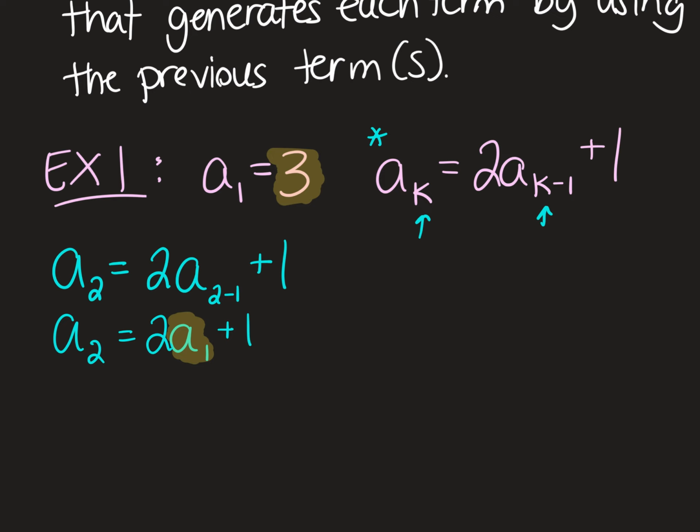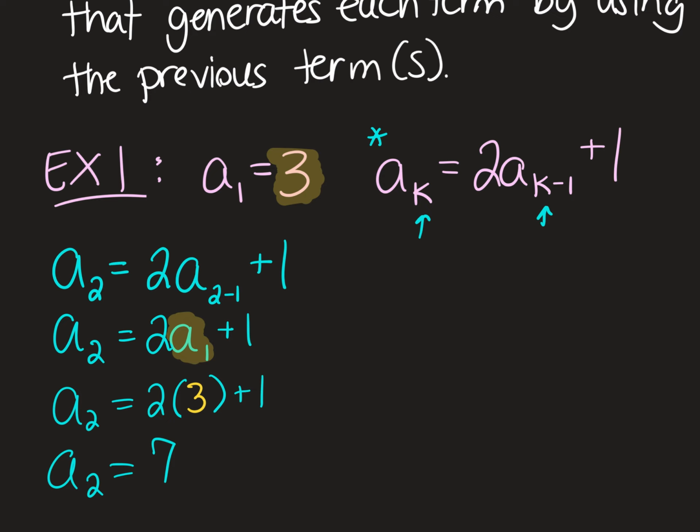Remember, when we see an A, that is denoting the term in the sequence. We have to look for that term. So evaluating this means I'm going to do 2 times 3 plus 1. That 3 comes from what we were given. So that all just ends up being that our second term is 7. So now I know what term 2 is.